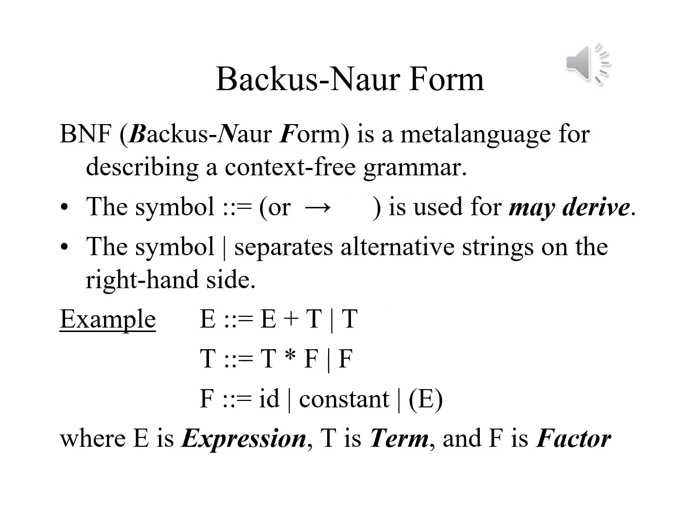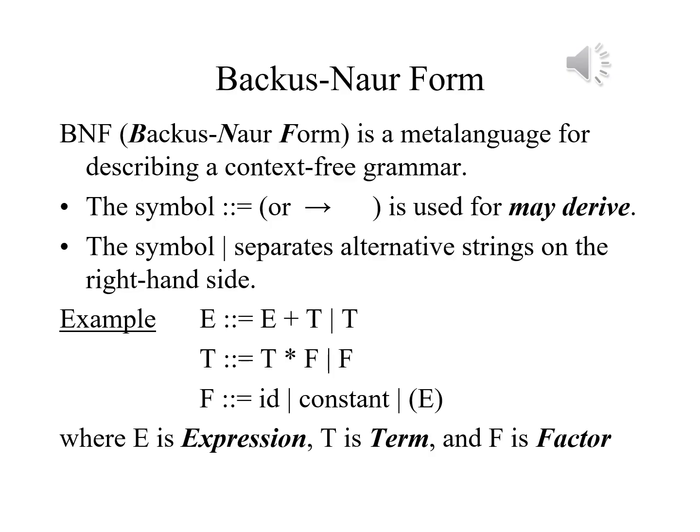BNF, or Backus-Naur form, is a metalanguage used for describing a context-free grammar. The symbol ::=, or arrow pointing to the right, is used for "may derive." The symbol vertical line separates alternative strings on the right-hand side.